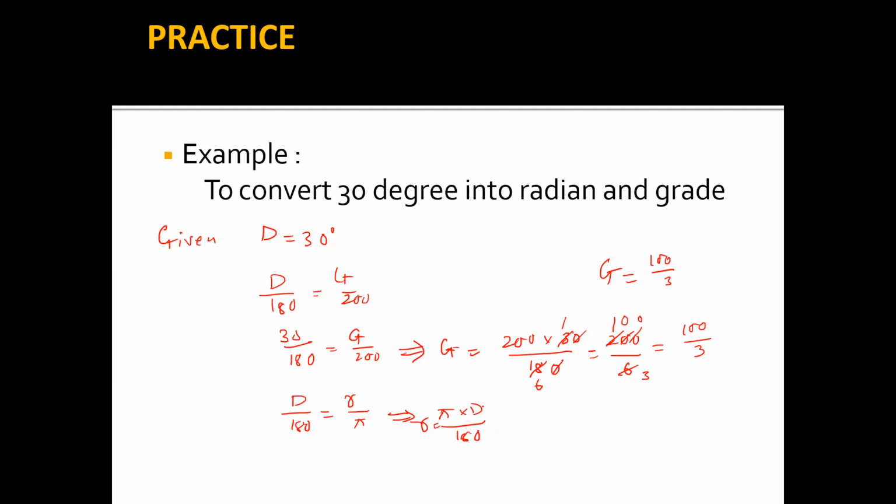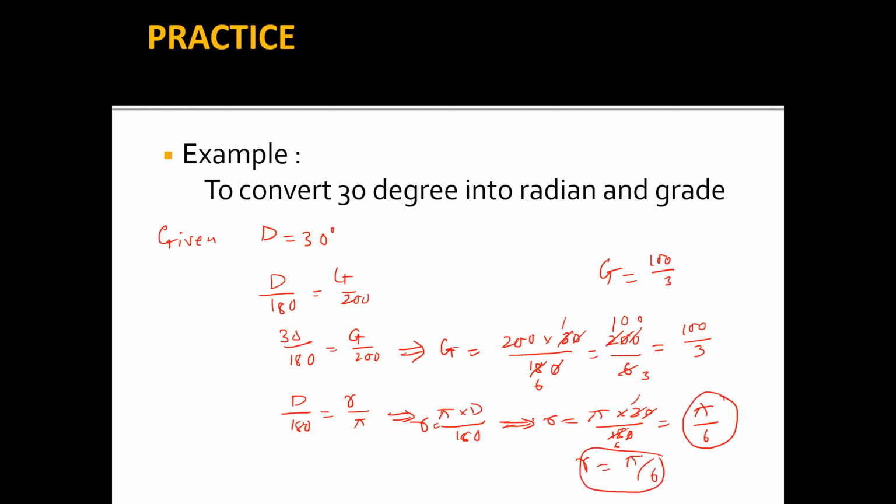Now D is given, D is 30 degrees, isn't it? And 180 degrees. So 0 will get cancelled, and 3 ones are 1 and 3 sixes are 18. Now you will get the value pi by 6, and this is the radian value. Now here we converted, R will be coming as pi by 6.